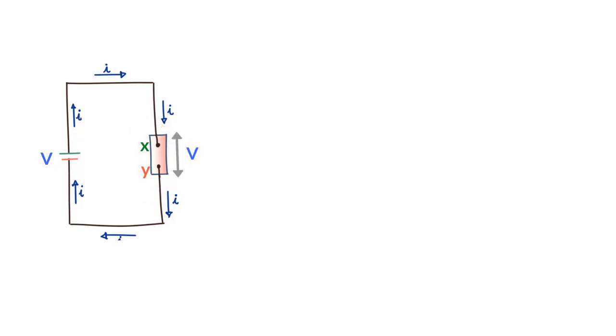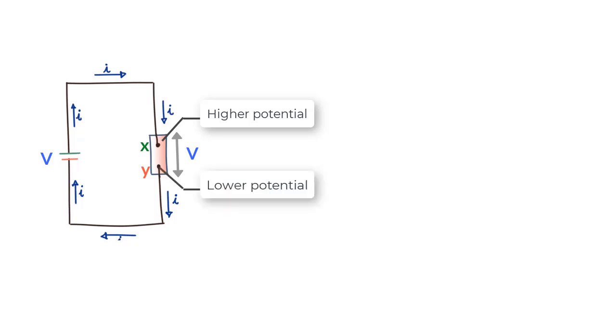Looking at the setup, terminal X is at a higher potential than Y, and as a result we get a steady current in the circuit powered by the battery that starts moving the charges as soon as the circuit is closed.